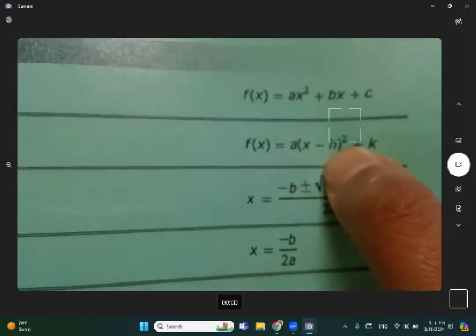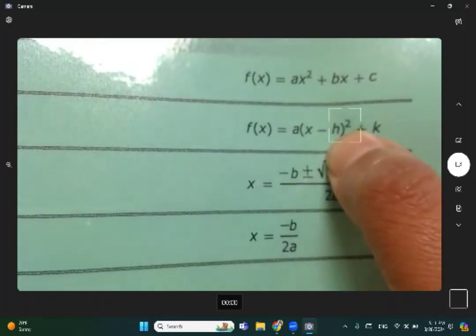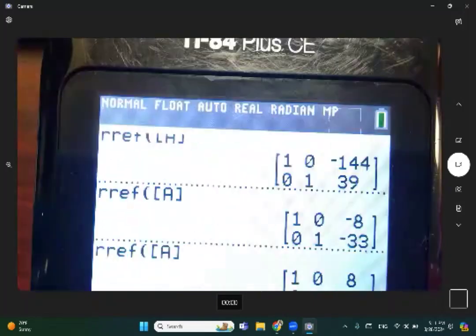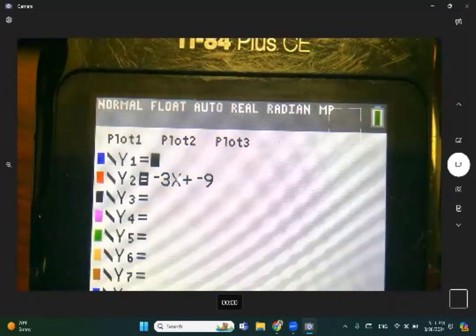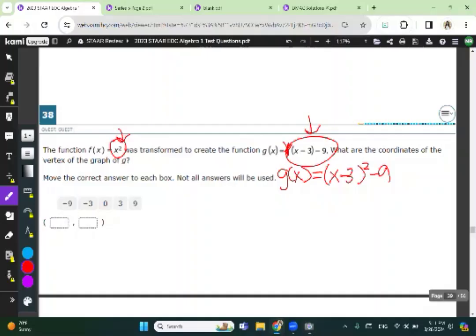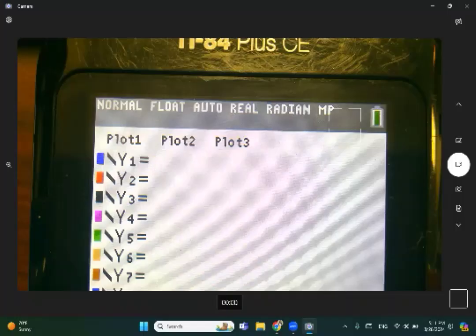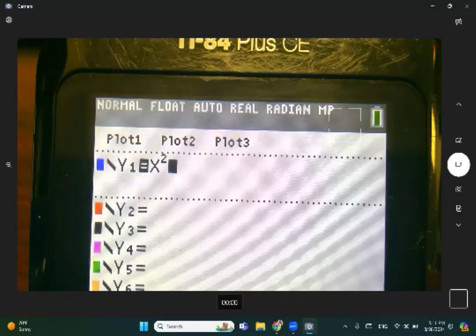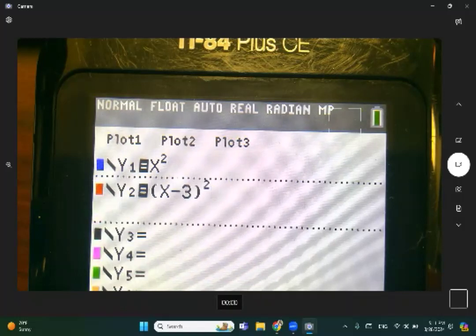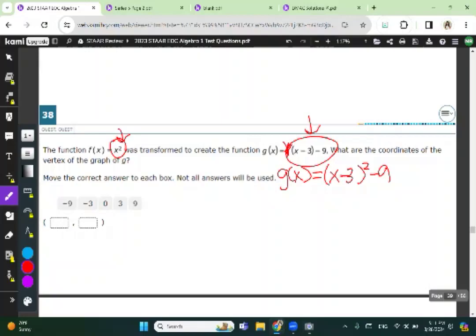Notice you have parentheses, so there's the squared. So make sure when you type it into y equals, you use the squared. So the original formula was x squared, and it changed to x minus 3 squared minus 9.